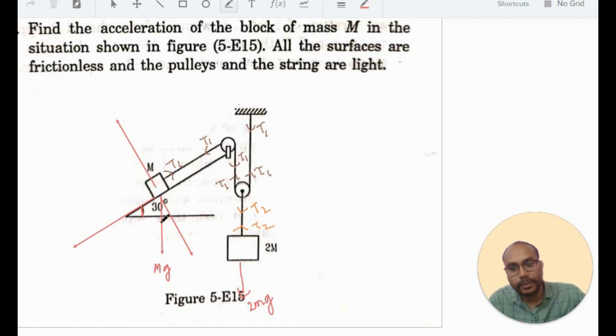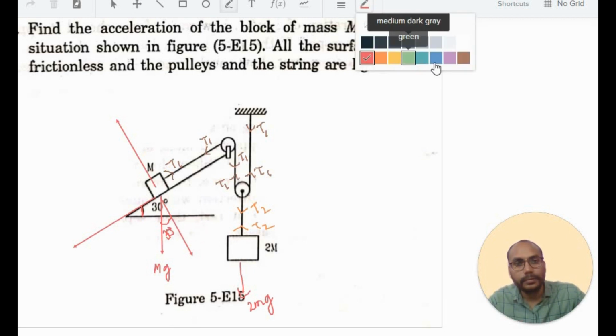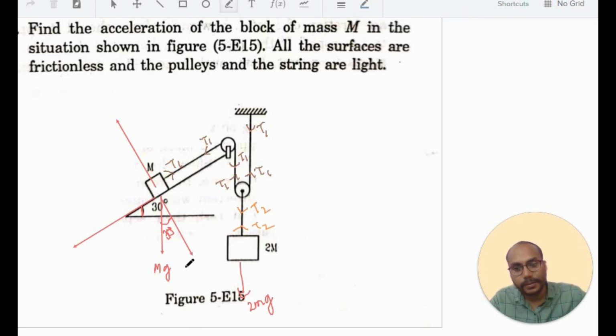So from the geometry, this angle will also be 30 degrees. So the perpendicular component will be mg cos 30 degrees, and the parallel component will be mg sin 30 degrees. And say the normal force is N.